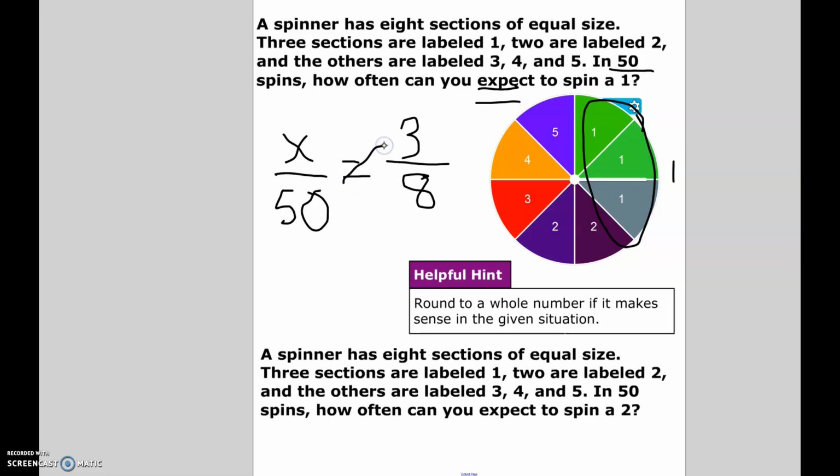And then we cross multiply, 50 times 3 divided by 8. And you'll get 18.75, and we're going to round to a whole number. So if I have 18.75, we're going to round to 19, about 19 times, because it's close to 19.